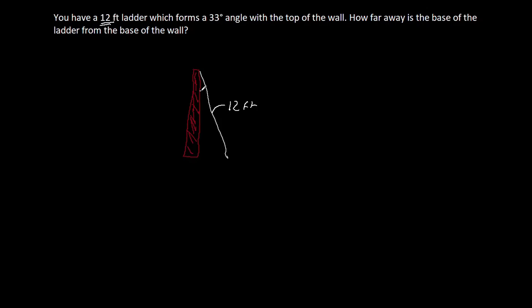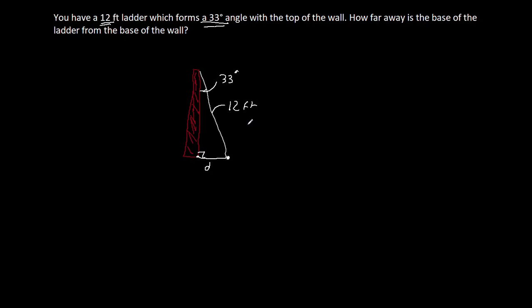We also know that this angle here is 33 degrees, because we have a 33-degree angle with the top of the wall. So the question is asking how far away is the base of the ladder from the base of the wall? This is the base of the ladder right here, and this is the base of the wall right here. So we're asking ourselves, what is this distance right here?